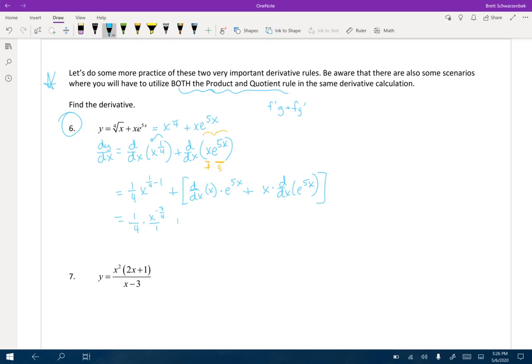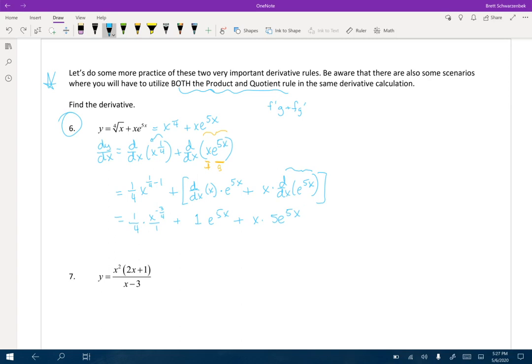We have the derivative of x, which is 1, so it's a 1x. Anything times x, you get that derivative. e to the 5x plus x times the derivative of e to the 5x. Well, what is that? That's 5e to the 5x. You don't need that last bracket. Notice that I removed the brackets because I'm not distributing. I could leave them if I wanted to.